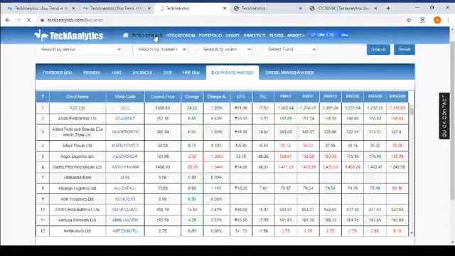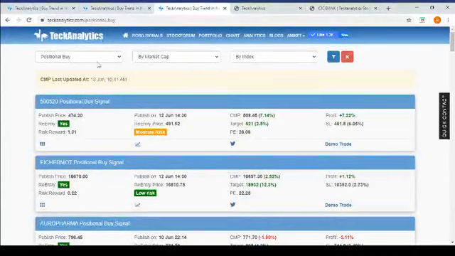Now I leave you to use robo signals. Every day you log into the website and see which are the new signals, and if you want to trade, see the risk reward, and then you open the technical chart also, to see whether the stock is coming from the bottom or from the top, that type of information.